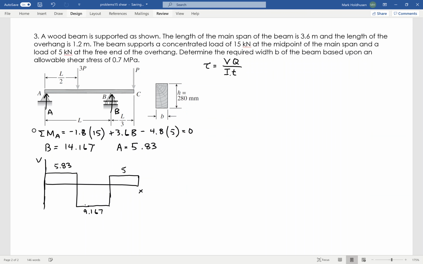So the maximum shear as far as a magnitude goes is going to be right there at 9.167. Okay, so that's where the maximum shear is.